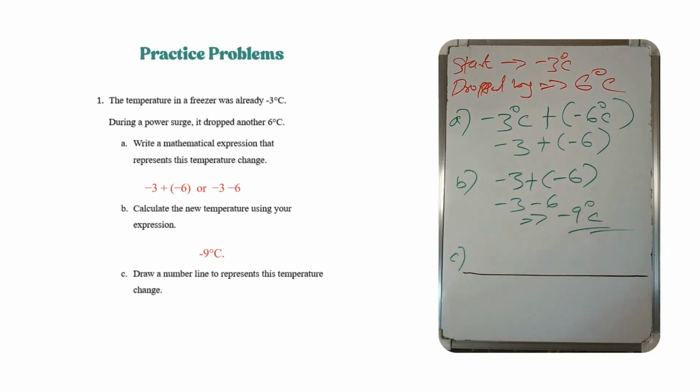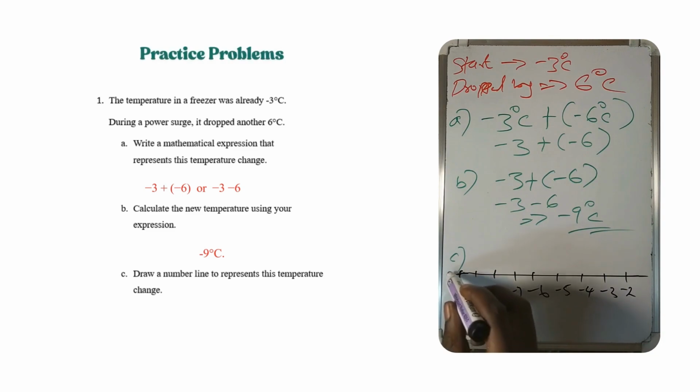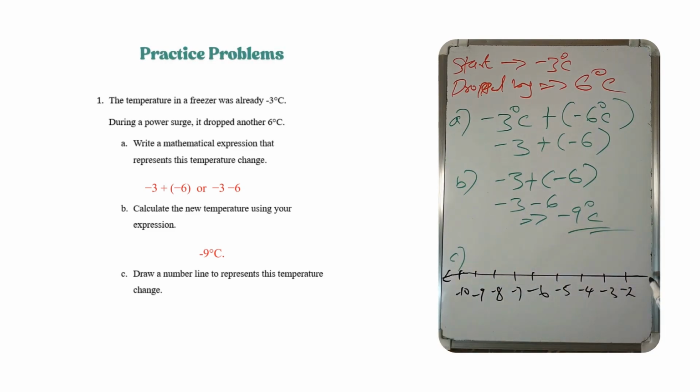We may have negative 2, negative 3, negative 4, negative 5, negative 6, negative 7, negative 8, negative 9, negative 10. It continues. And that's our number line.